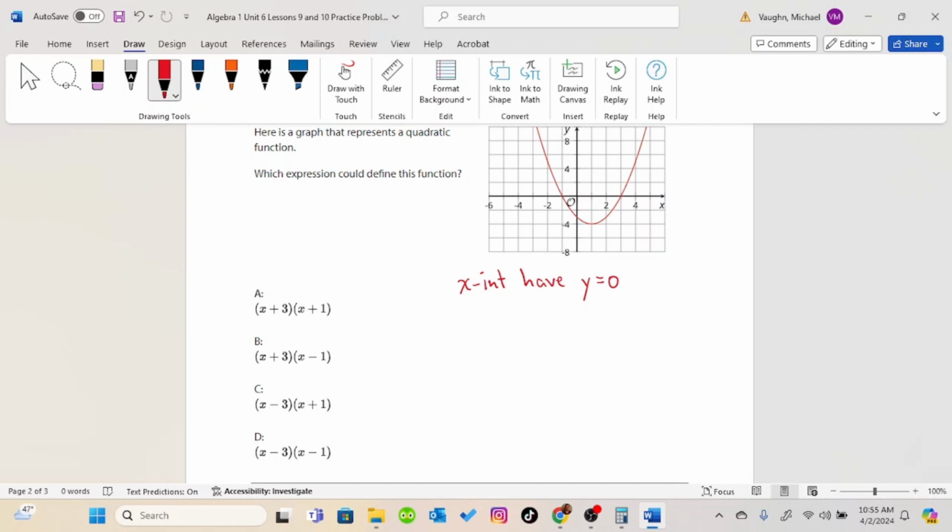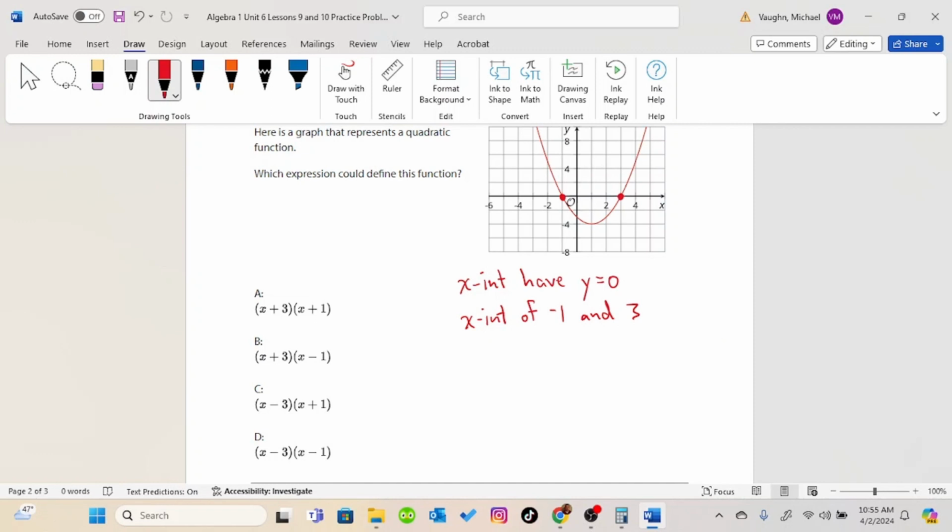So that means this point right here, I have an x-intercept of −1 and an x-intercept of 3.